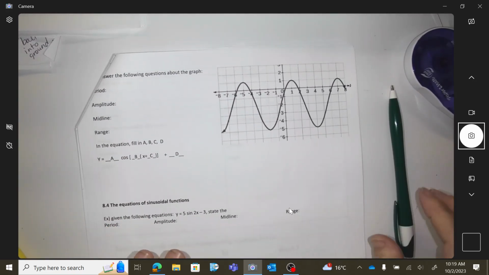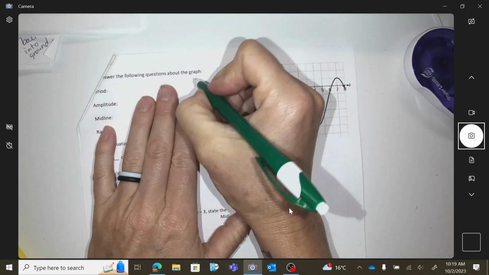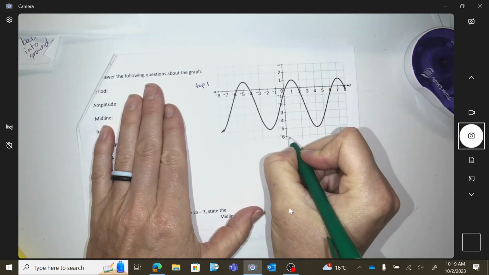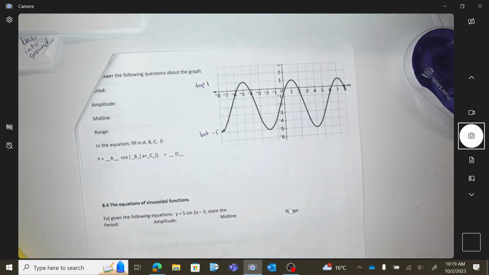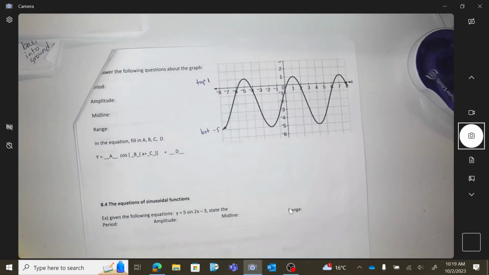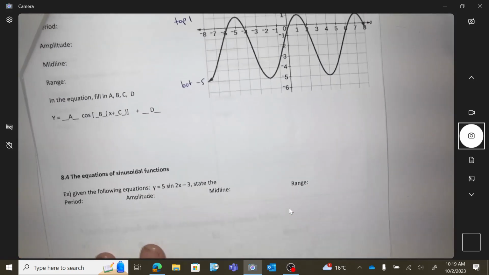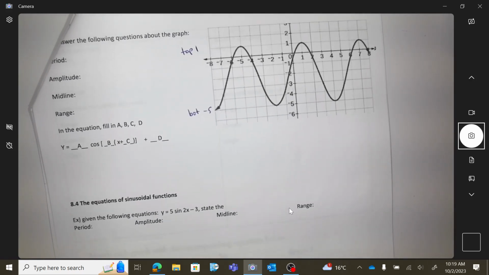Okay, next one. I like to do this on mine. I like to say, what do I have on the top? What do I have on the bottom? So 1 and -5. Now I'm working to think what's in the middle.